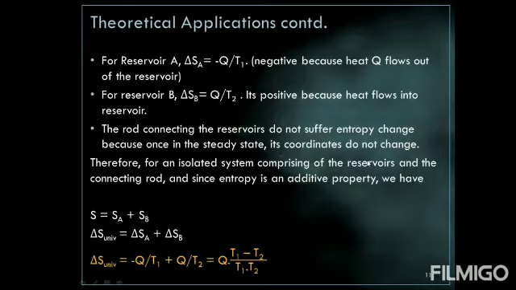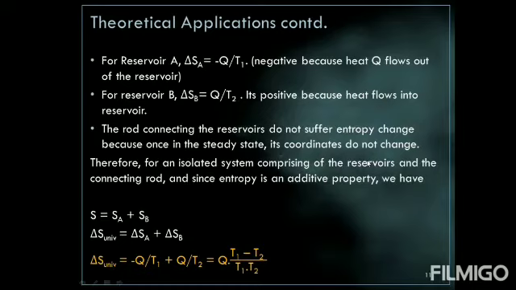The rod connecting the reservoirs does not suffer any entropy change because, once in the steady state, its coordinates do not change. Therefore, for an isolated system comprising the reservoirs and connecting rod, and since entropy is an additive property, we have delta S universe equals delta SA plus delta SB.